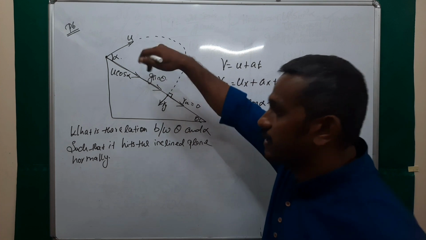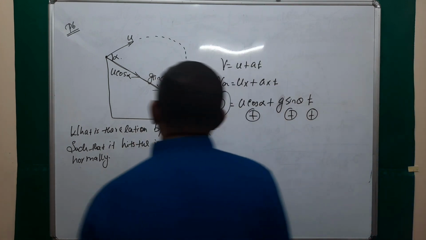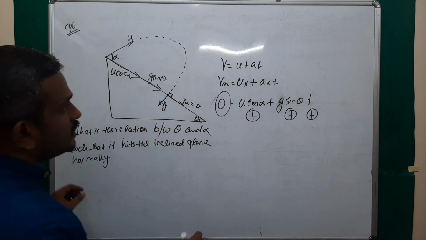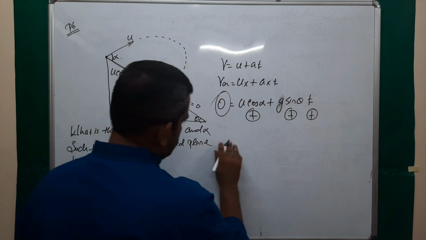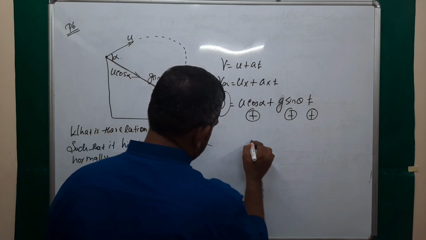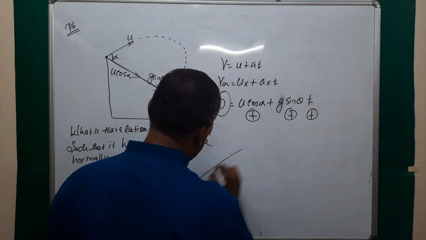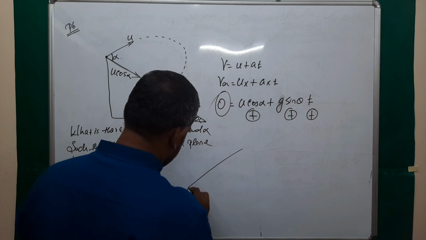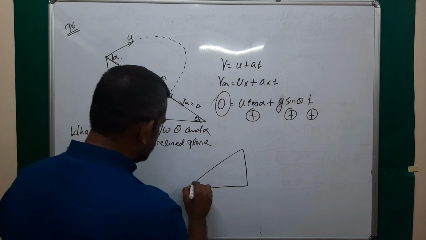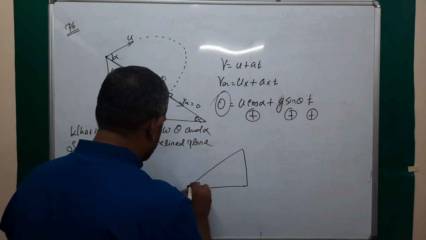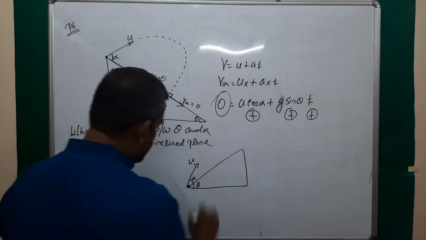Because in the previous case the acceleration is in the opposite direction, it is a decelerated motion. Here, this is an inclined plane of inclination theta, projected from here with initial velocity u at an angle alpha.